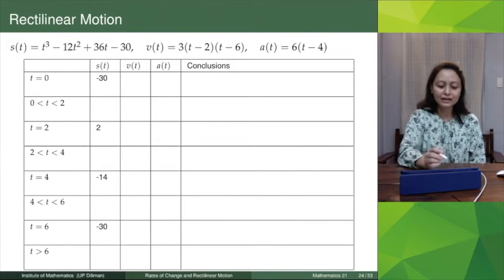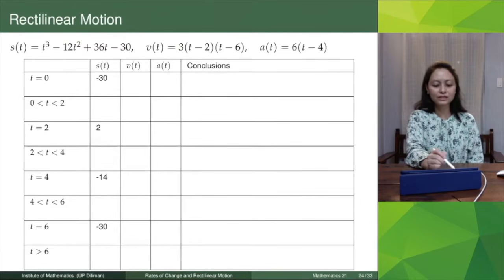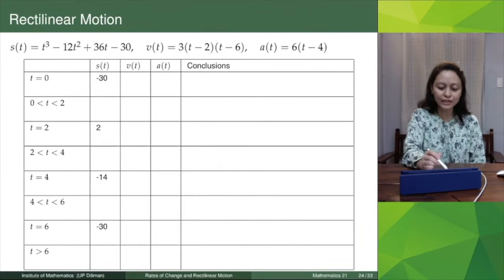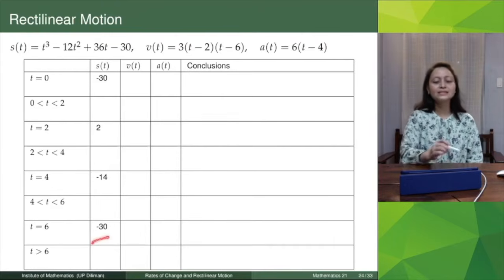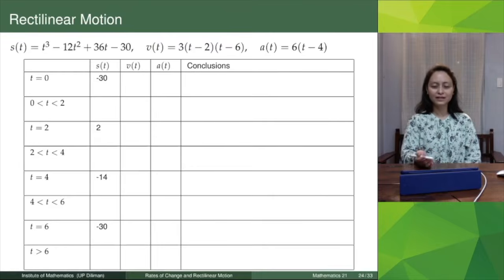Okay? Eto, yung values ng S of t, okay lang, nilagay ko na dyan. Just verify this. Now, dun lang, substitute nyo lang dito sa S of t. If t is 0, so 0, 0, 0, you get S equals negative 30. Okay? And then the rest, if t is 2, you get S of t equals 2. If t is 4, so substitute nyo yung 4 dito, you get S equals negative 14. And if t is 6, you get S equals negative 30. Okay? So, just verify these later. Ano yung conclusion natin sa mga nakuha na to? Okay, remember, S is your position function.